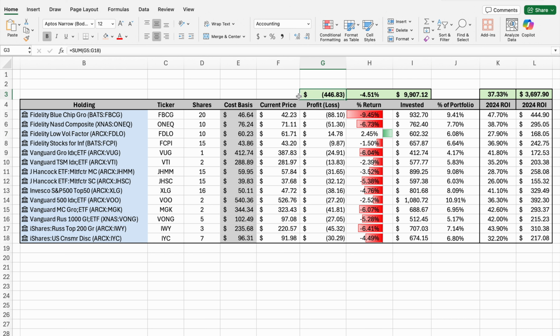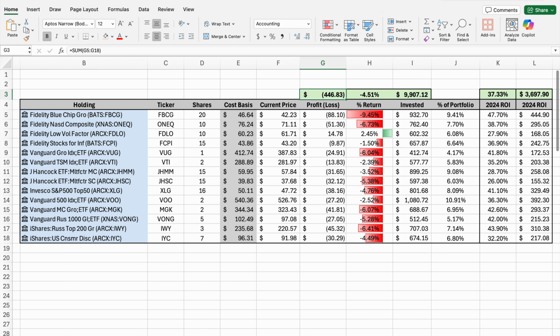I am down 400, I almost said 4,000. I'm down $446.83 on that $10,000 initial investment. So hopefully the market, in the coming weeks, takes a swing to the upside, and we'll see some of these negative numbers turn positive, and I'll obviously keep this account updated as changes occur.